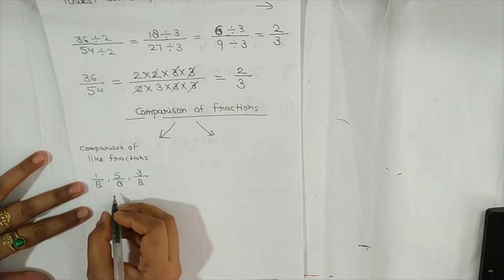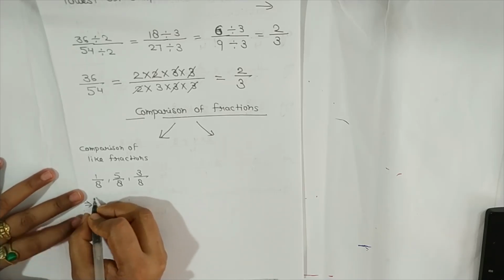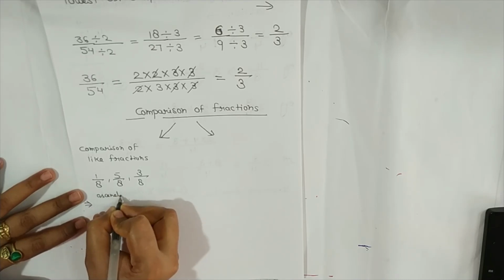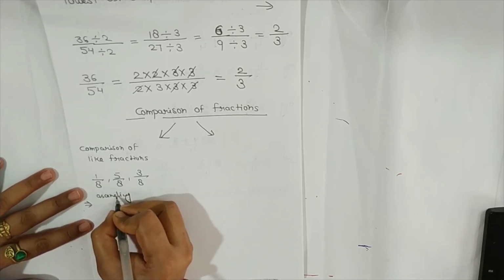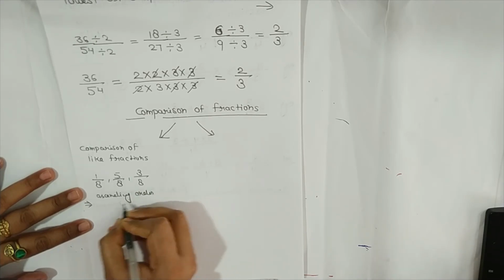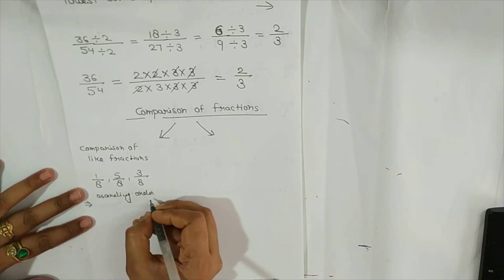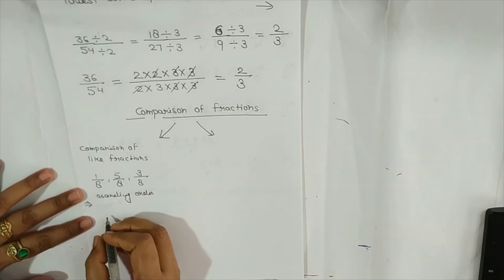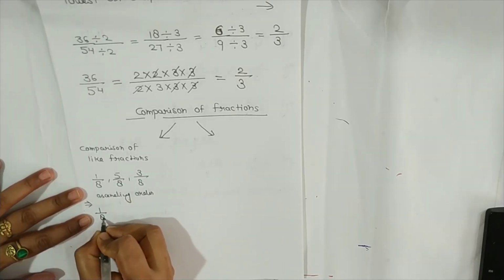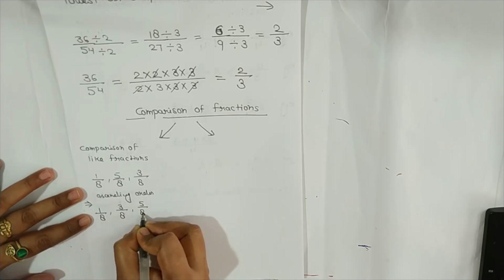Okay. So suppose we arrange them in ascending order. Ascending order means small to big. So 1 upon 8, 3 upon 8 and 5 upon 8.